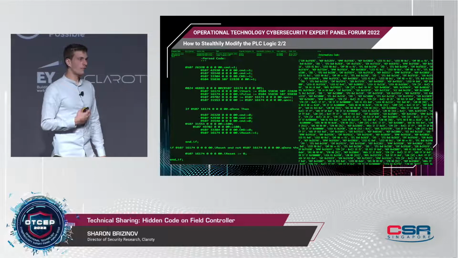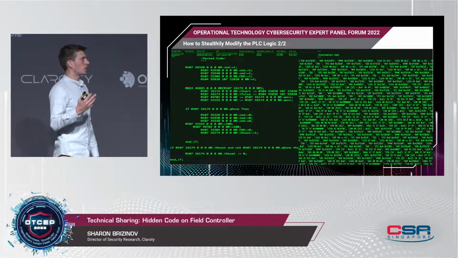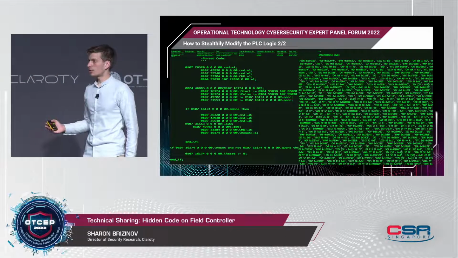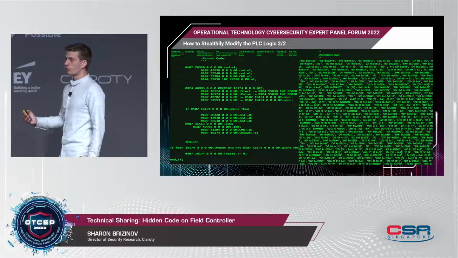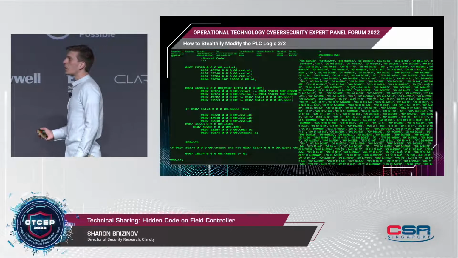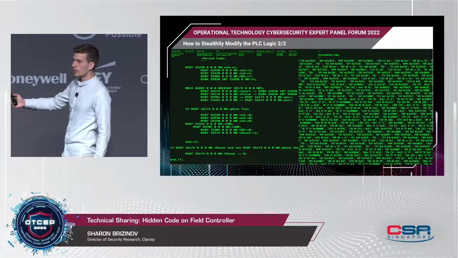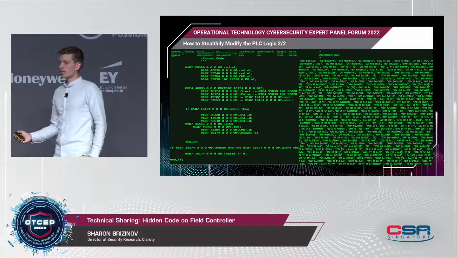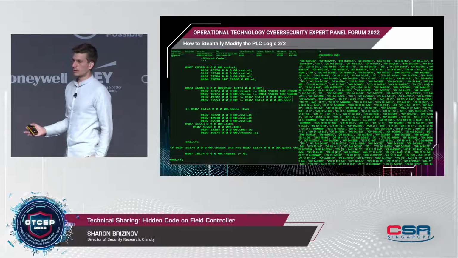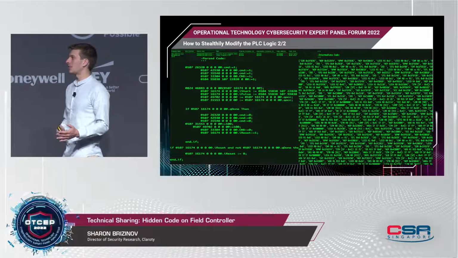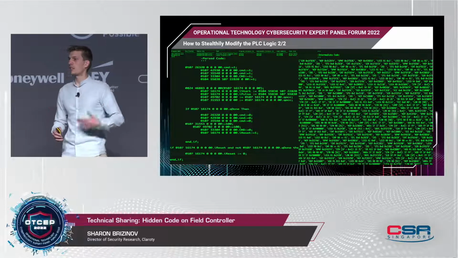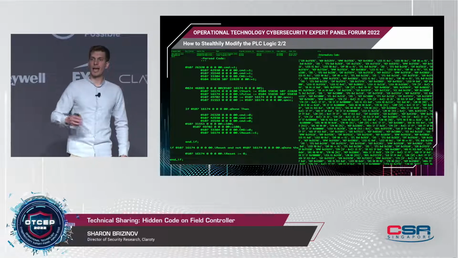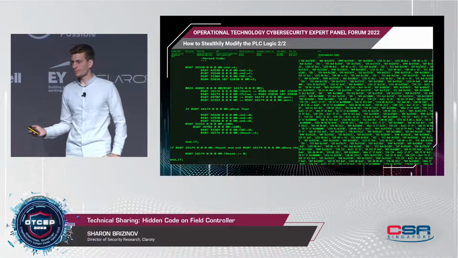Now, I've said before that the bytecode is binary, and we cannot understand it. So we, at Clarity, wrote a full decompiler that knows how to take bytecode, interpret it, and output what you can see here, which is a representation of the bytecode instructions that are actually running on the PLC.